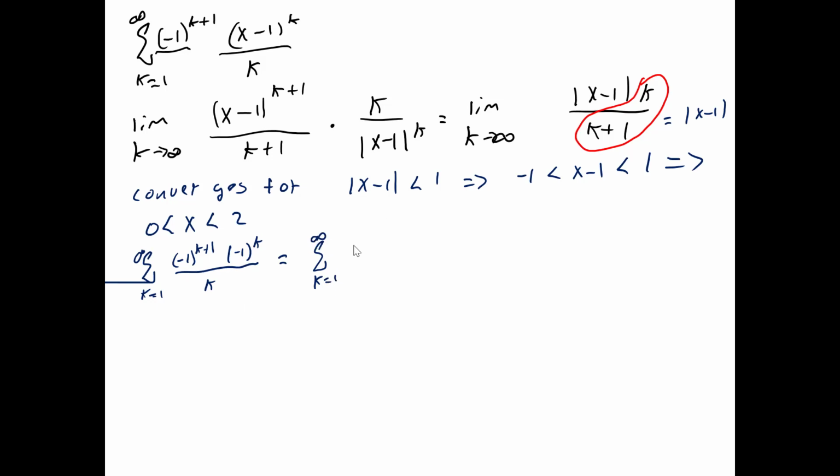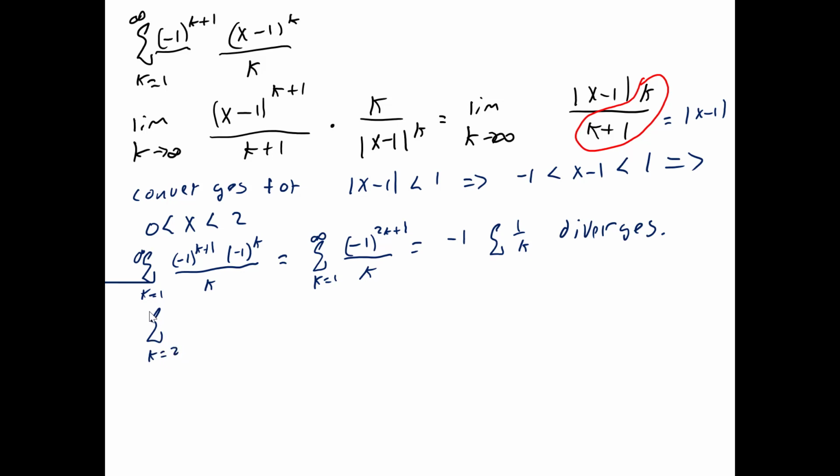Same base, we add the exponents, we get negative 1 to the 2k plus 1, and 2k plus 1 is always odd. And since that's always odd, this doesn't alternate. This stays a negative 1. So this is negative 1 times the summation of 1 over k, which diverges because it's the harmonic series, a p-series.